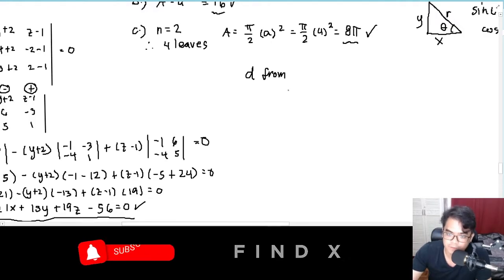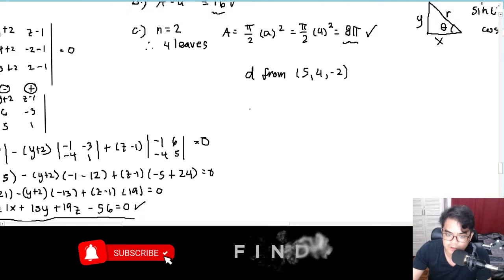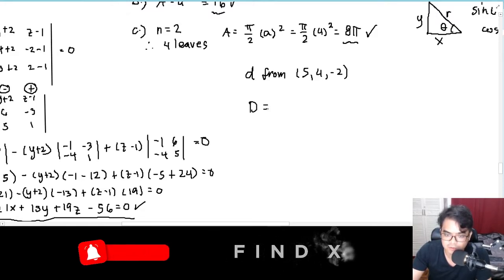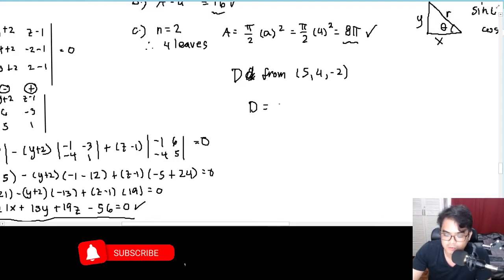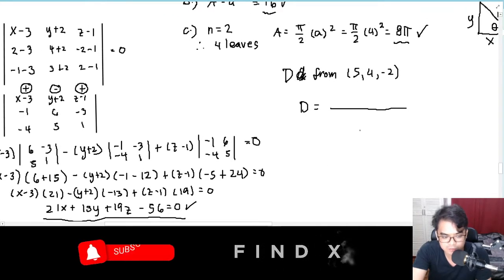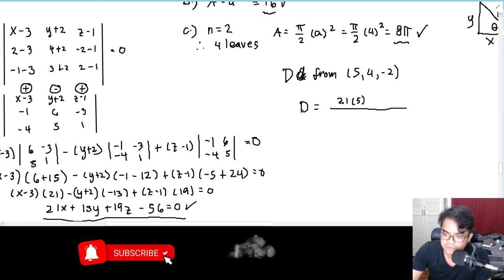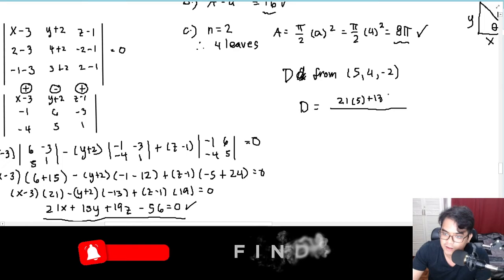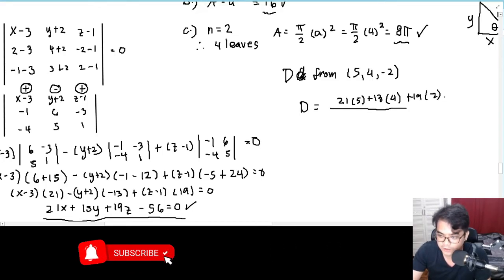So substitute 5, 4, negative 2 to the equation that we got, the 21x. So this will become 21 times 5, plus 13 times 4, and then plus 19 times negative 2, and then minus 56.